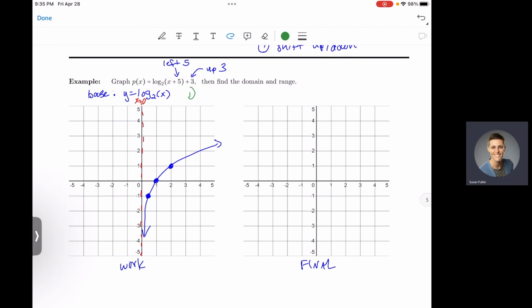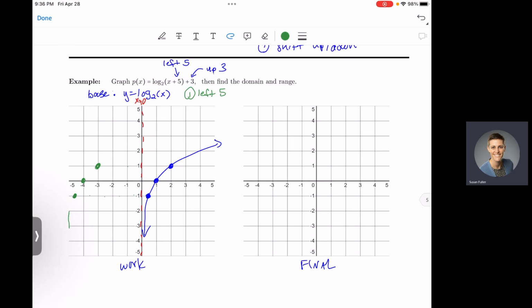Now, remember, order matters, so we do have to do this in the right order. The first transformation that we're going to do is go left and right. So we're going to move left 5 units. That's the first thing that we're going to do. So I'm going to take each of our points and go to the left 5 units. 1, 2, 3, 4, 5.